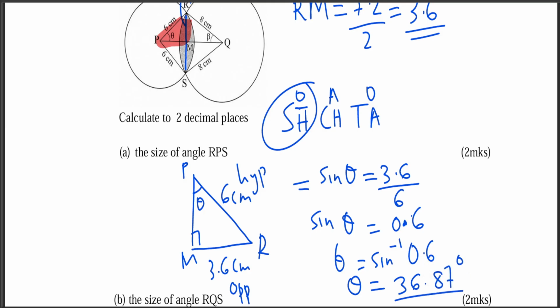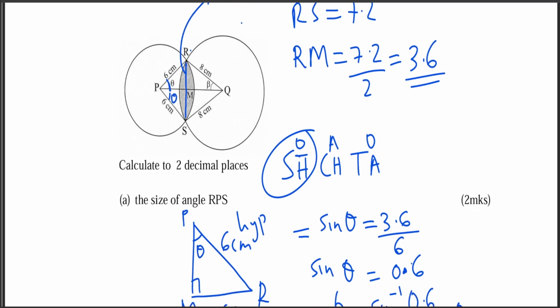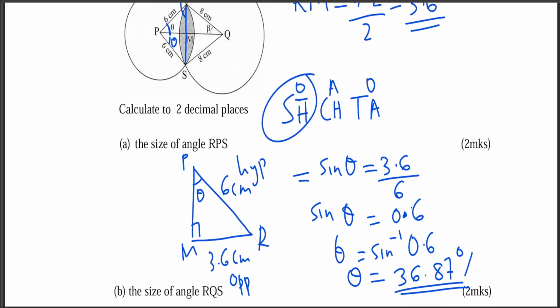So your theta, sin inverse of 0.6, is going to give us 36.87 degrees. That is not our answer. Remember that theta is just half. The theta we have is half of RPS. So if you want to get the whole RPS, we must have 2 theta. 2 theta means the answer you got you must multiply by 2, because you want the whole angle RPS. If you multiply it by 2, you're going to get 73.74 degrees, and this is now angle RPS.